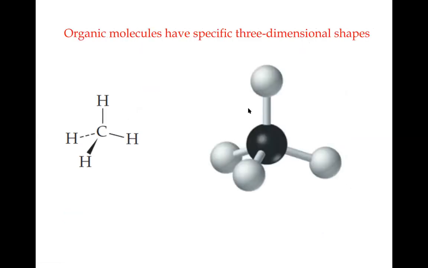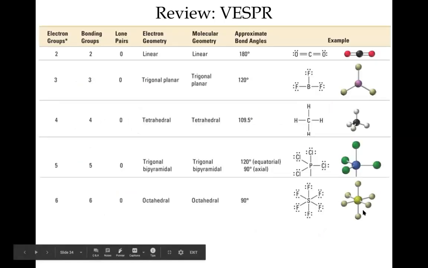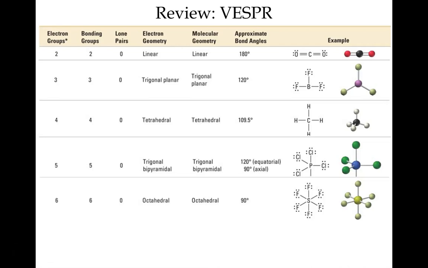There's also, of course, three-dimensional space. Think VSEPR, right? Carbon has four bonds, and that's going to have a tetrahedral formation, right? Right here. They're trying to be spaced out as far apart from each other as possible. So remember VSEPR, right? We have different geometries based on the number of essentially electron groups that are bound to that central atom.